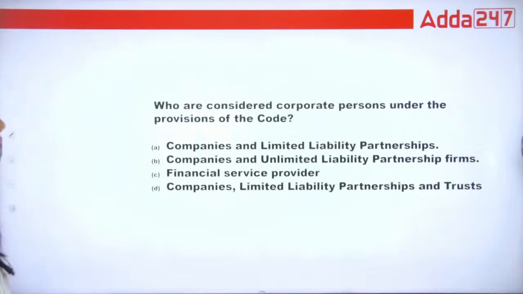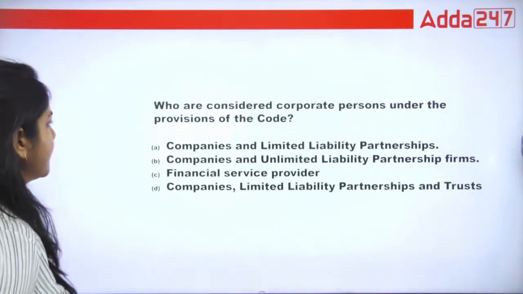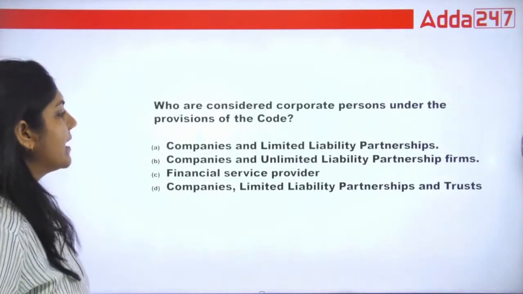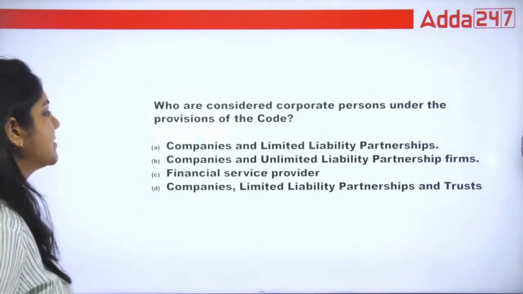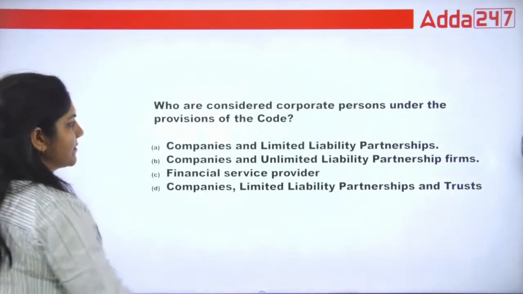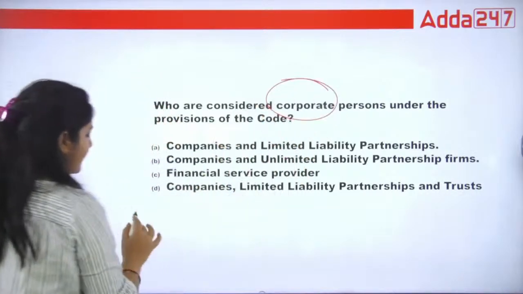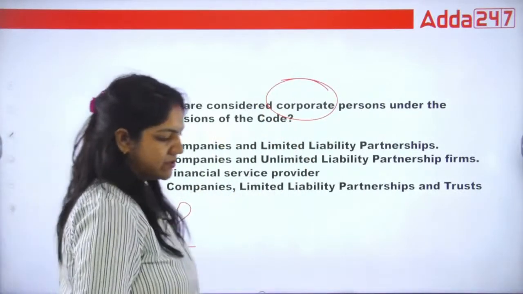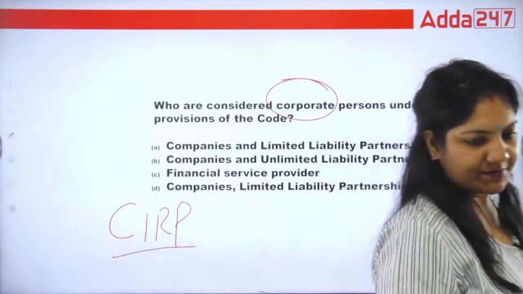Next, who are considered corporate person under the provision of the code? Company and LLP, company and unlimited liability, financial service provider, company, LLP, trust. Corporate person, because whenever we start CAIIB, that is a corporate insolvency resolution process.